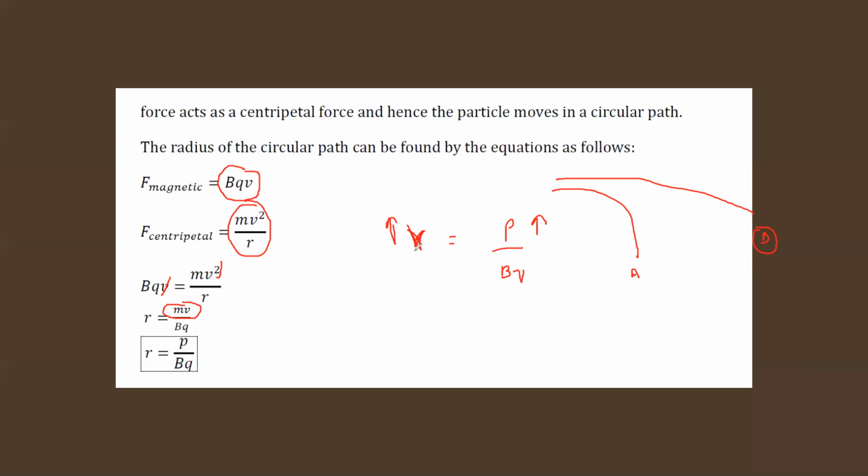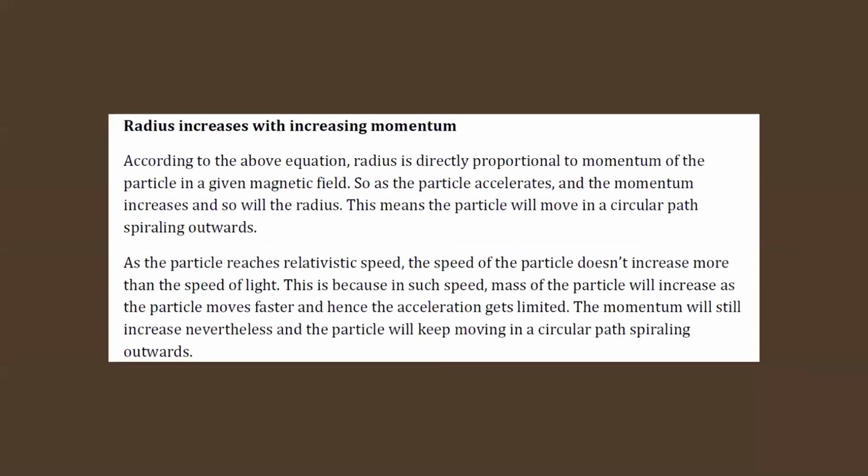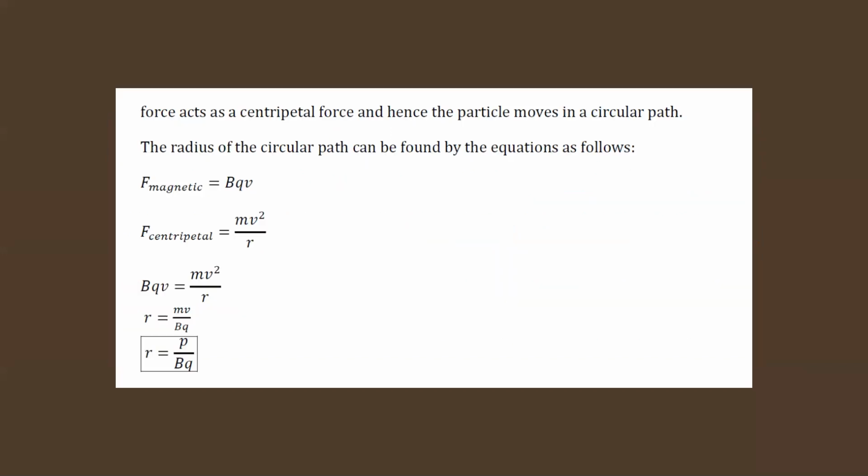Greater curvature means a higher value of r, which means greater momentum of the particle. So radius increases with the increase of momentum. As you can see from this formula, momentum and radius are directly proportional to each other.